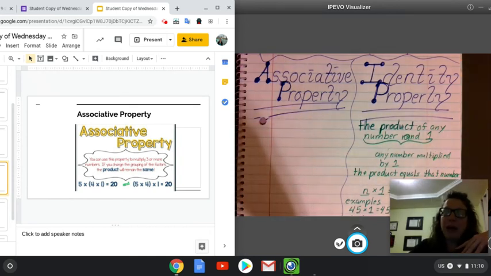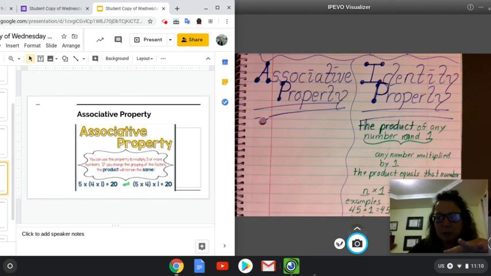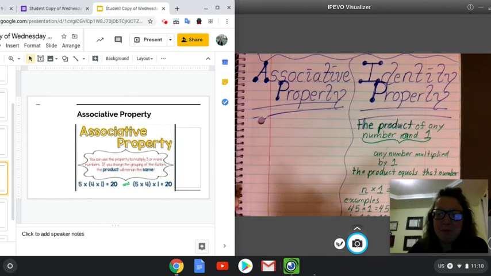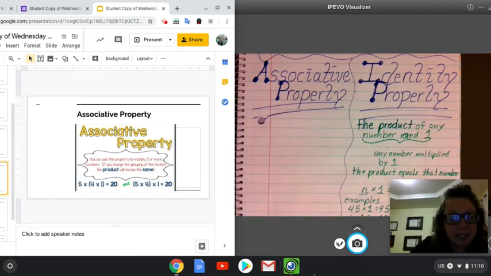So think back, and we're going to talk about this a little bit tomorrow. The commutative property, it didn't matter what order you put the factors in. So now we're looking at the associative property, and it doesn't matter how we group the factors.